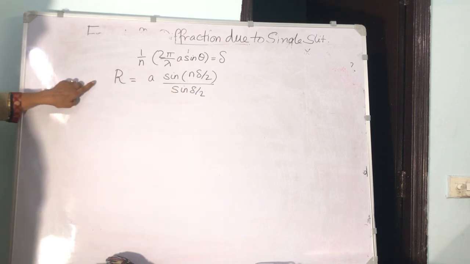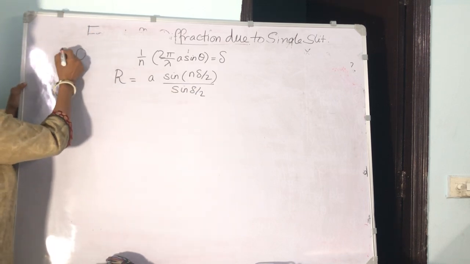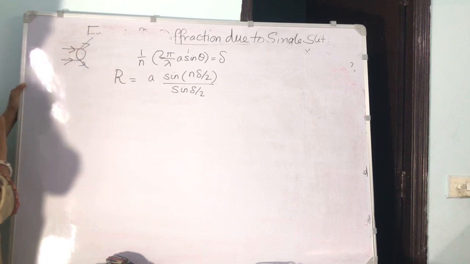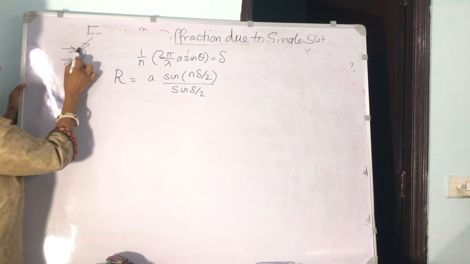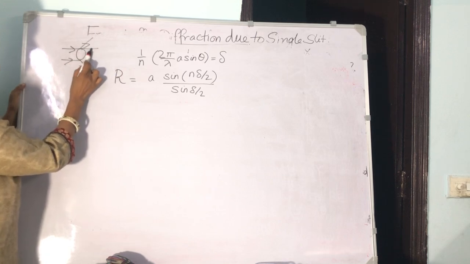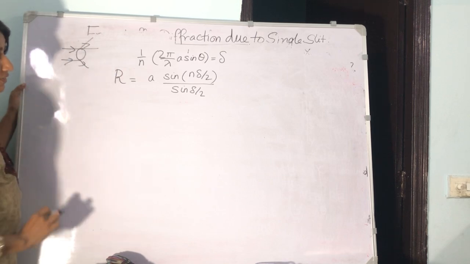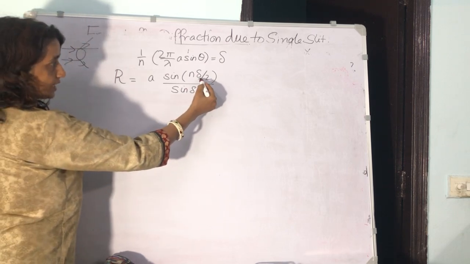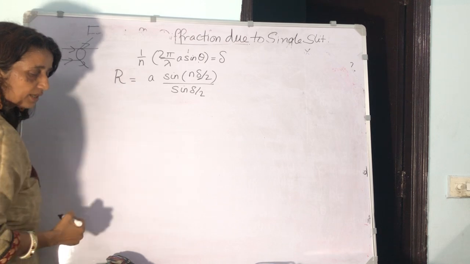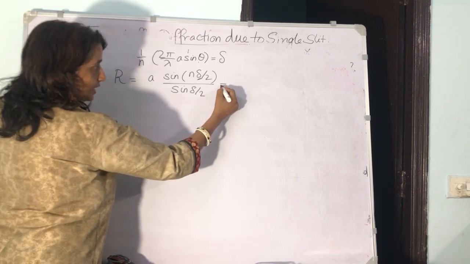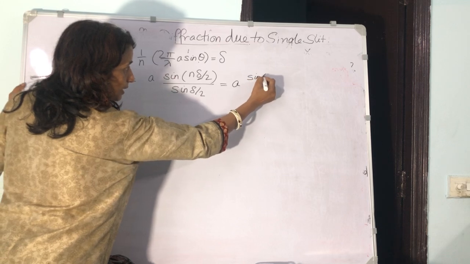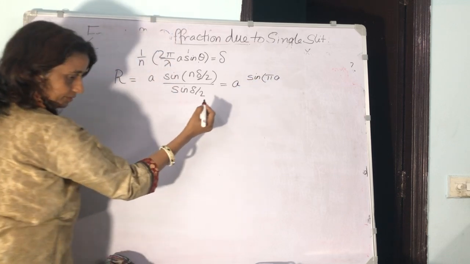This is the resultant of these n number of waves which have got diffracted from this aperture. The resultant has been taken as resolving it first into horizontal then vertical components, right? So now we will put this value of path difference from here in this expression.